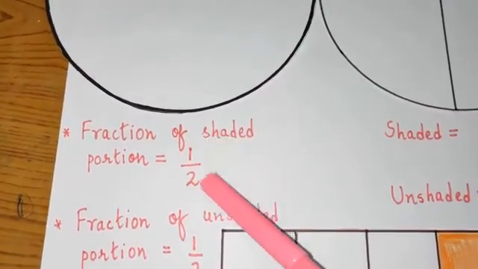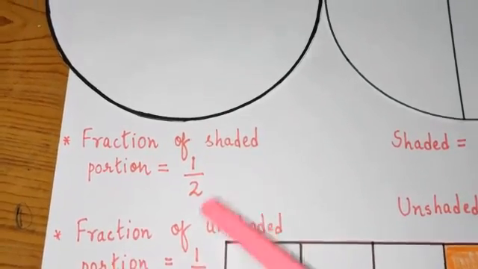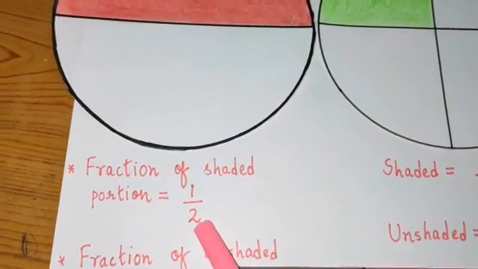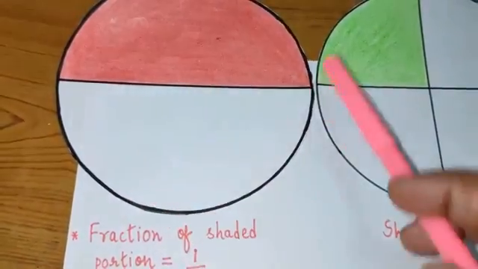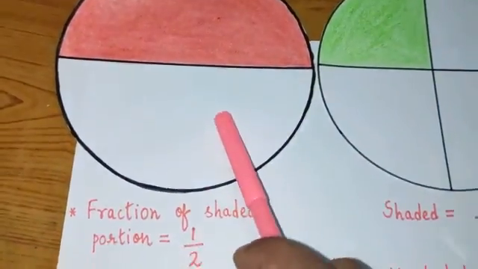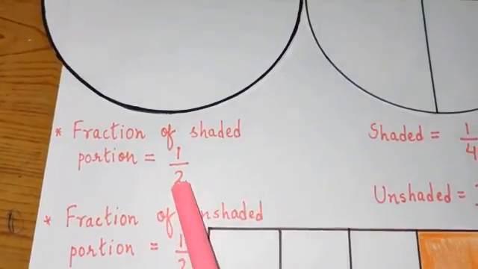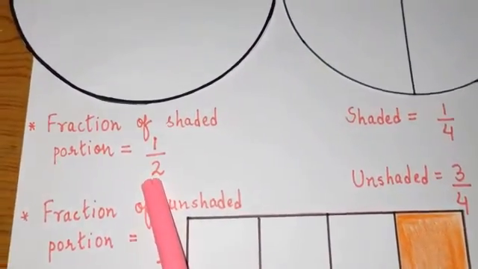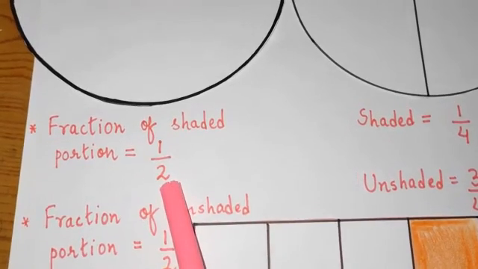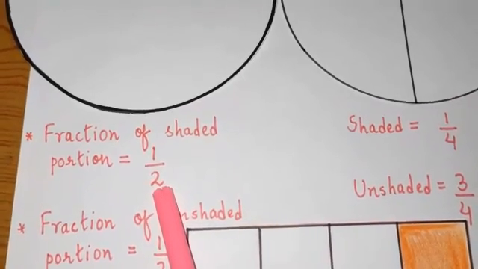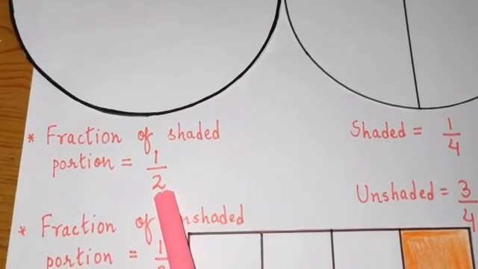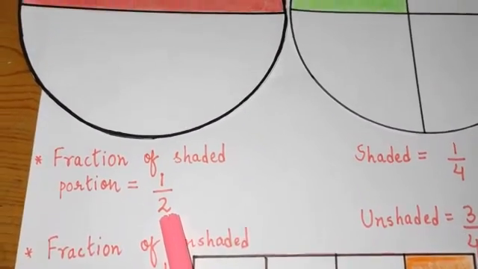Okay, how has it become 1 half or 1 by 2? Because here in the denominator, the circle has been divided into 2 equal parts. So in the denominator you will mention the total number of parts of the object or the given figure.